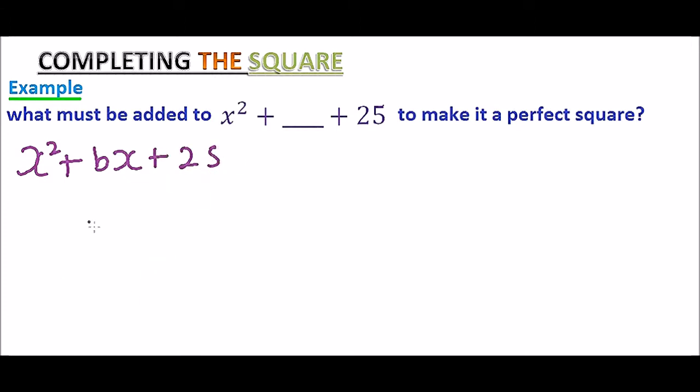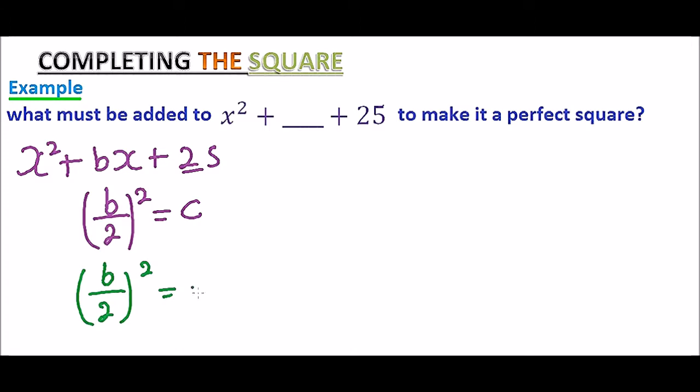We know the relationship that exists is that (b divided by 2) squared is equal to c. So we have c as 25, and therefore we should be able to find b. So (b divided by 2) squared is equal to 25. We take the square root of both sides, so we find that b over 2 is equal to the square root of 25, which is 5.